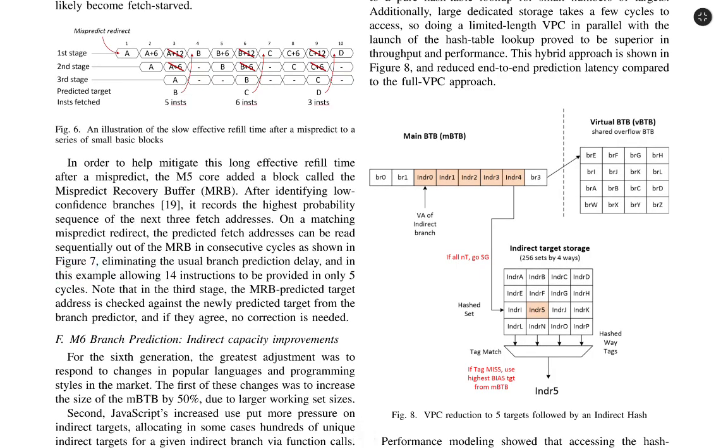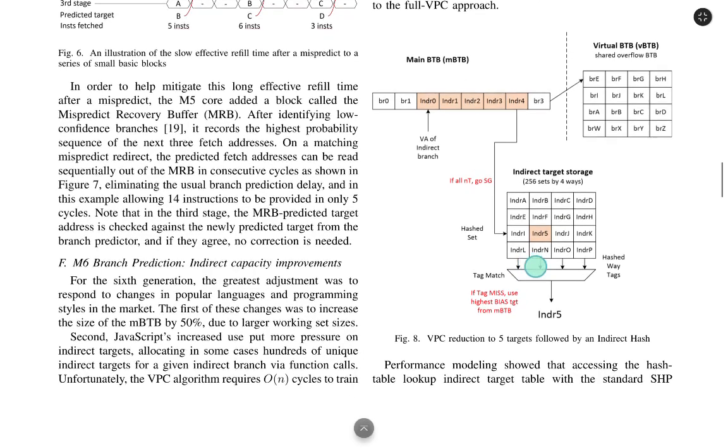In this example, it allows 14 instructions to be fetched in only 5 cycles. Note that the third address's MRB predicted target is checked against the newly predicted target from the branch predictor, and if they agree, no correction is needed.